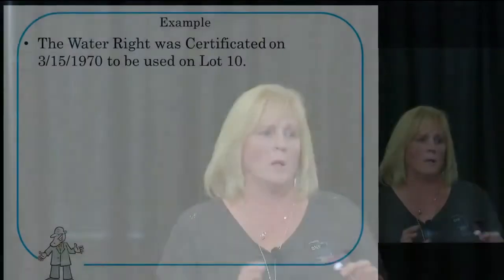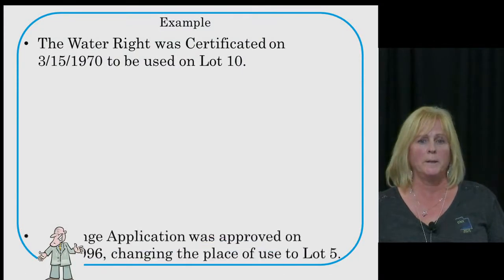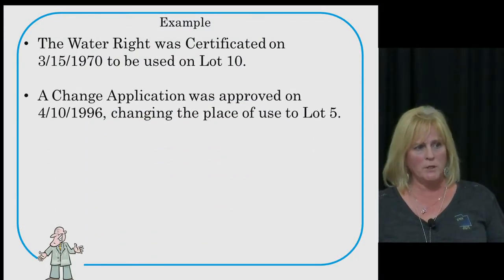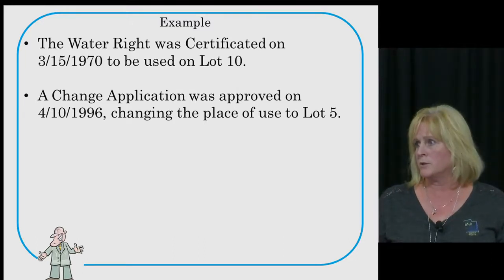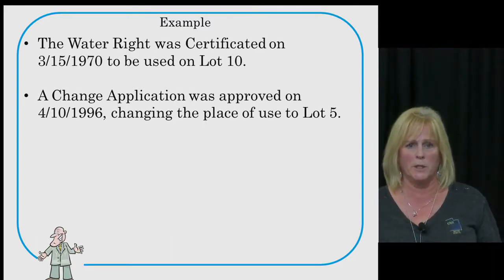Okay, so let's try another example. The water right was certificated on March 15, 1970 to be used on Lot 10. A change application was approved, and Chris talked about change applications, right? So everybody knows what a change application is.